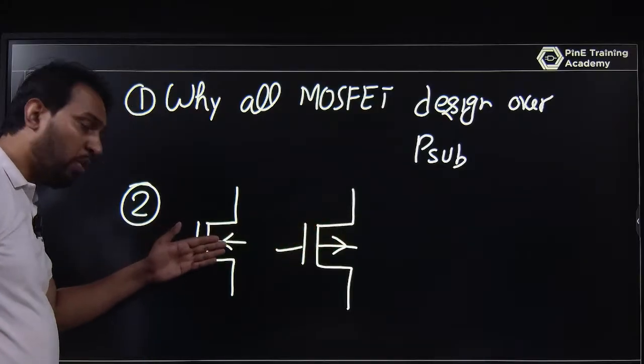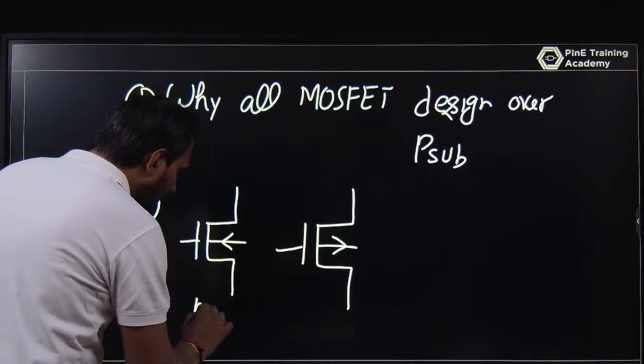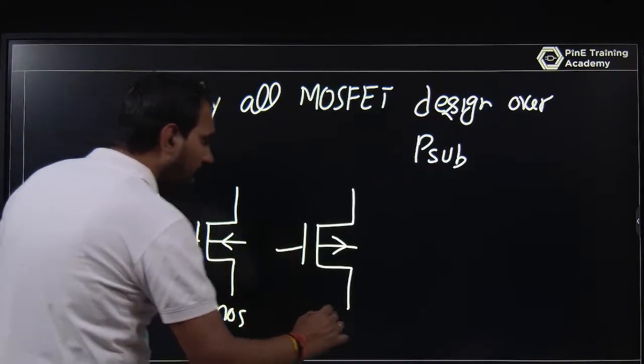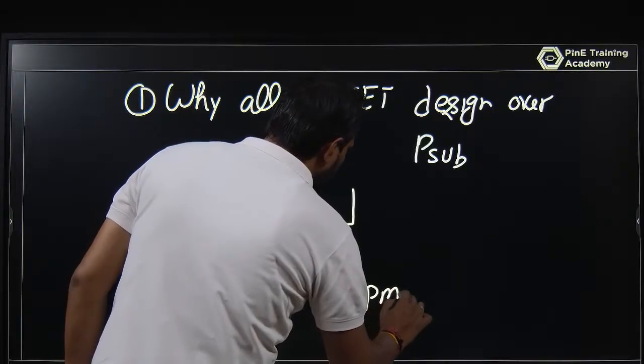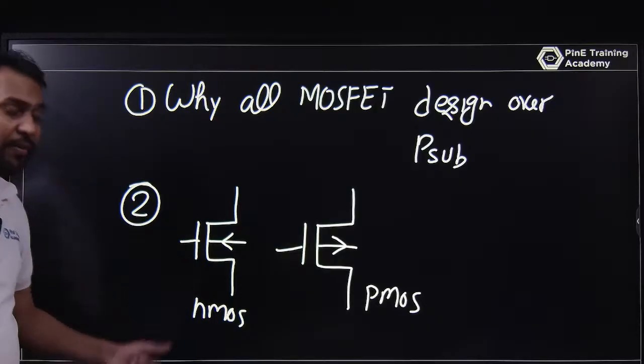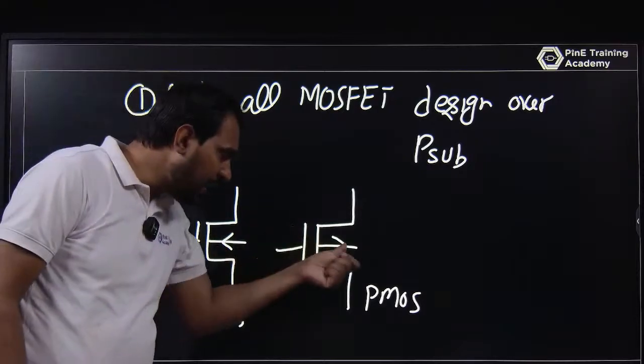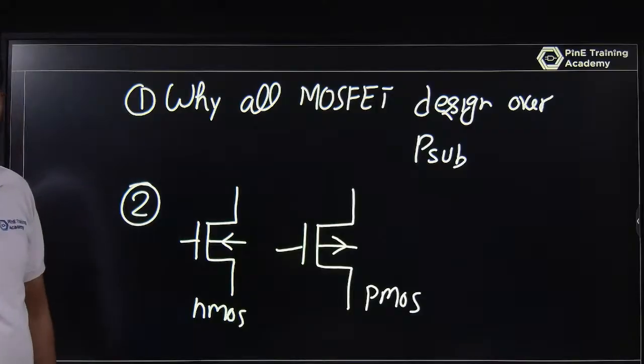So this is your NMOS and this is your PMOS. Why is the current entering towards the body, and why is the current leaving from the body? Why this type of symbol?